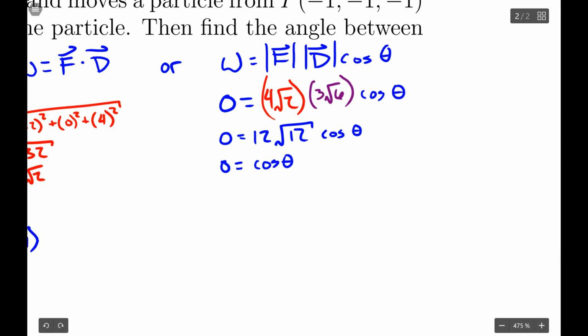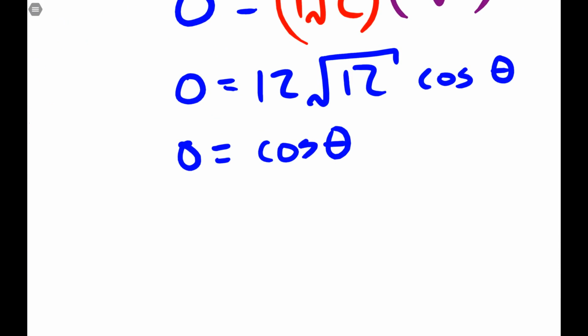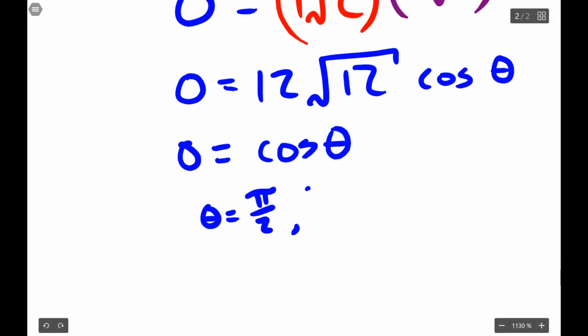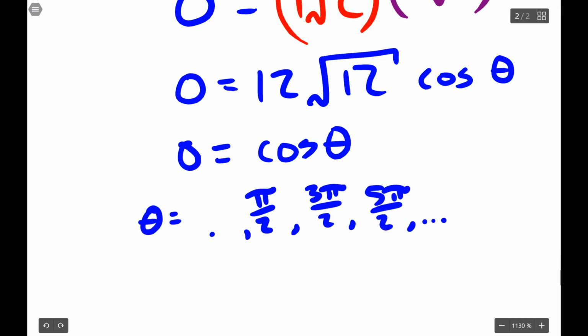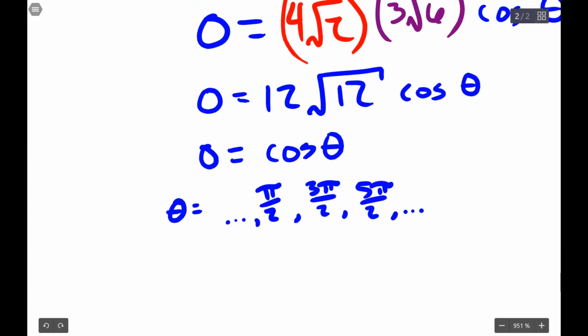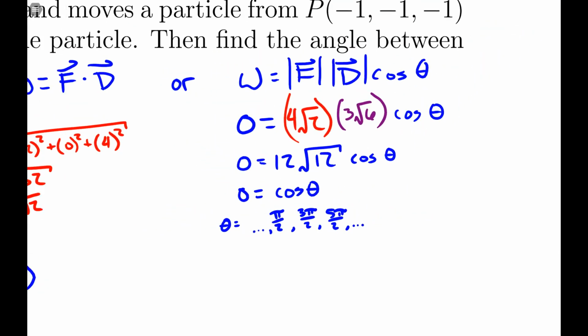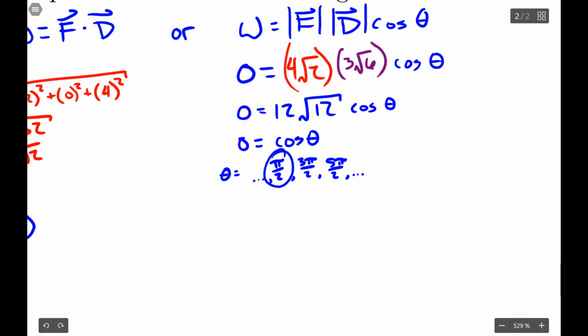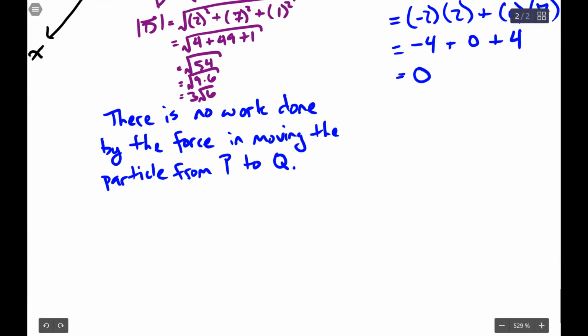Now, 0 is the same as cosine of theta when theta is pi over 2 or 3 pi over 2 or 5 pi over 2, etc. Could be in the other direction as well. But we always say that we want the smallest angle between them. That's what theta represents. The smallest of these that's positive is pi over 2. So, the angle between these two vectors is pi over 2.